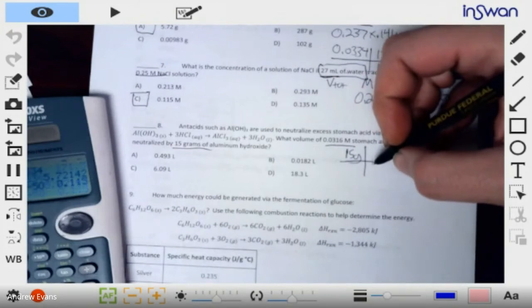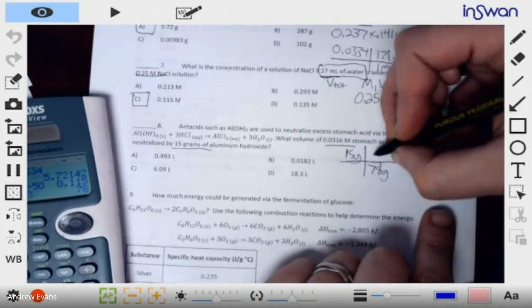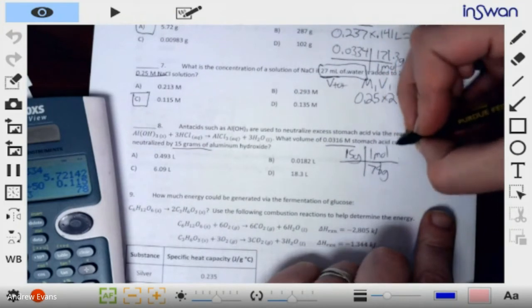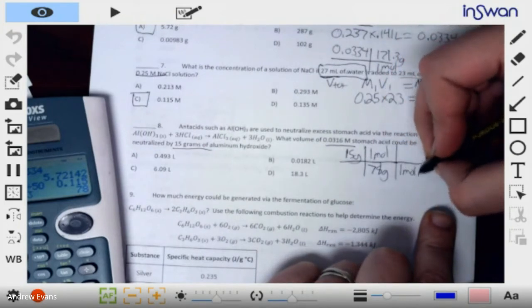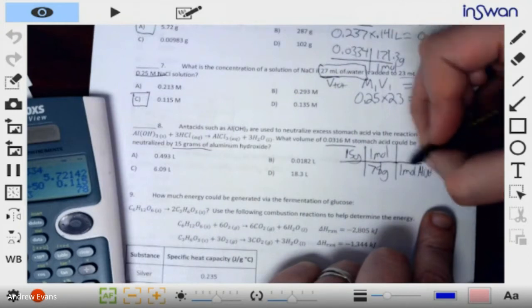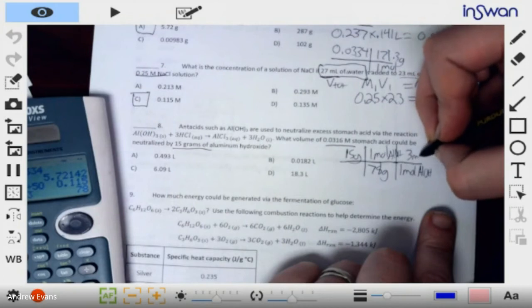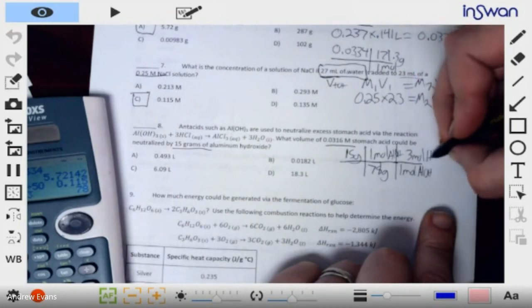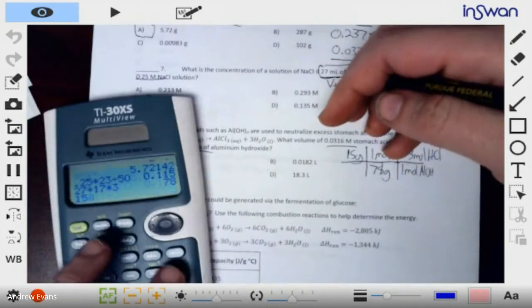Well, aluminum is 27, hydroxide is 17. There are 3 hydroxides. So the molar mass is 78 grams of aluminum hydroxide per 1 mole. Now, 1 mole of aluminum hydroxide neutralizes 3 moles of HCl.